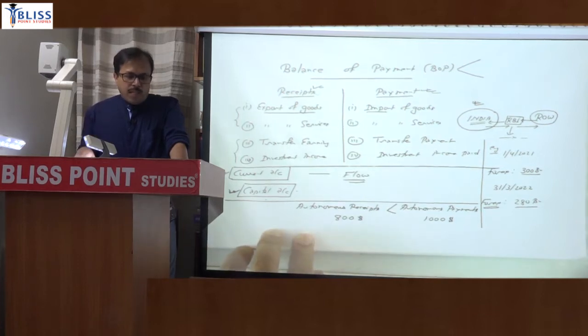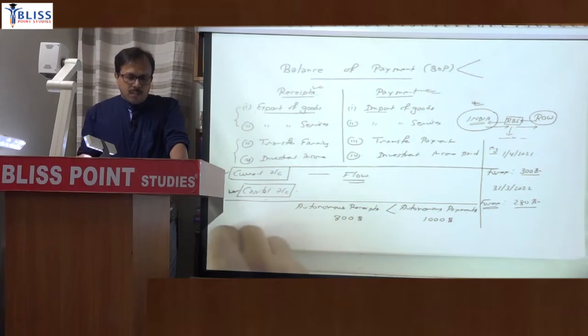Next paragraph. On the other hand, capital account records sale and purchase of assets like bond, land, etc. Sale and purchase of assets, underline that.